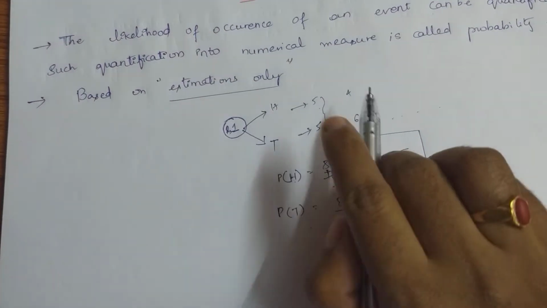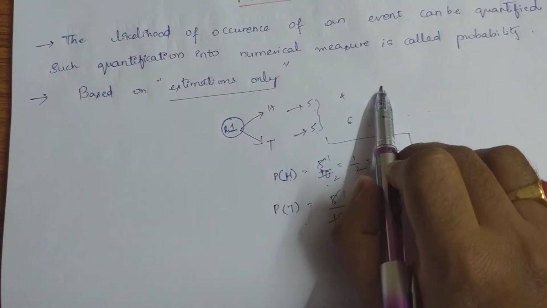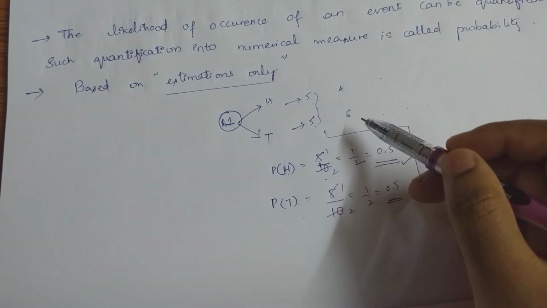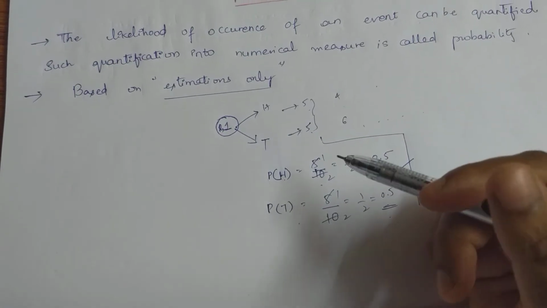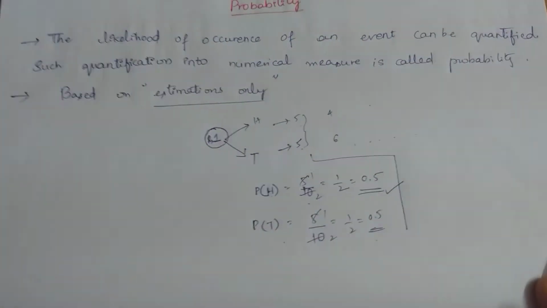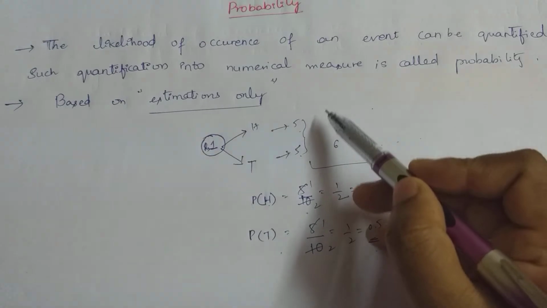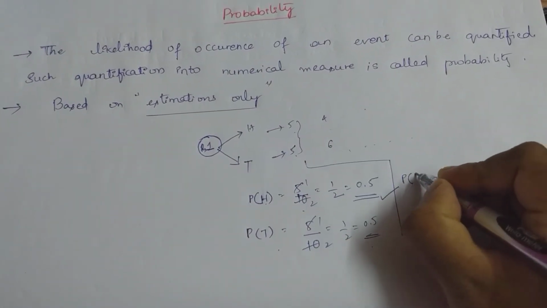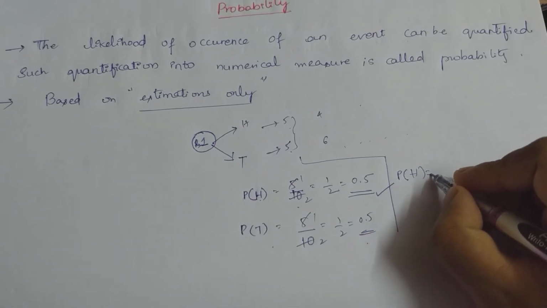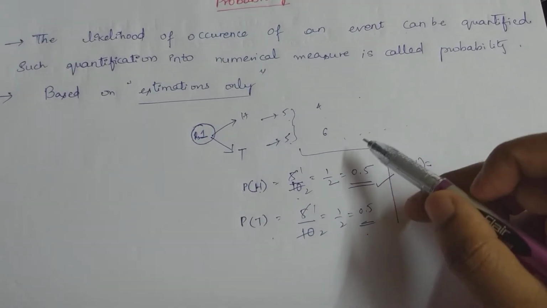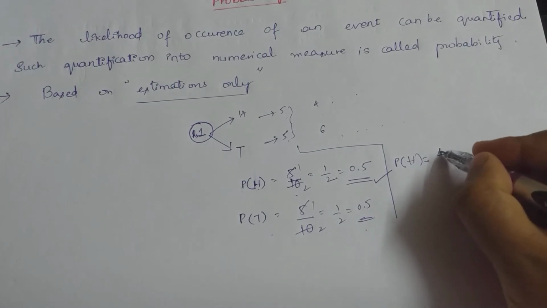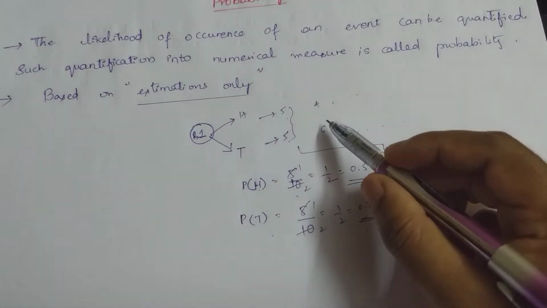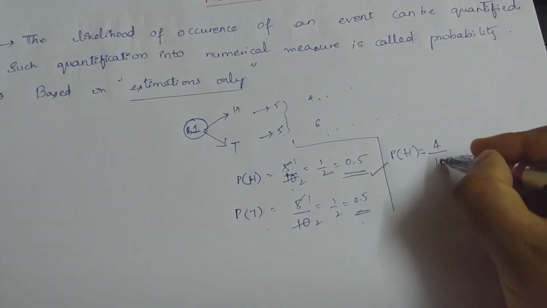In example 2, I told you that 4 is the number of times you get head and 6 is the number of times you get tail when you toss the coin 10 times. Out of 10 times, 4 times you'll get head and 6 times you'll get tail. So what is the probability of getting head here? The number of times you got heads, that is 4, by how many times you tossed the coin, the total number of outcomes, which is 10.